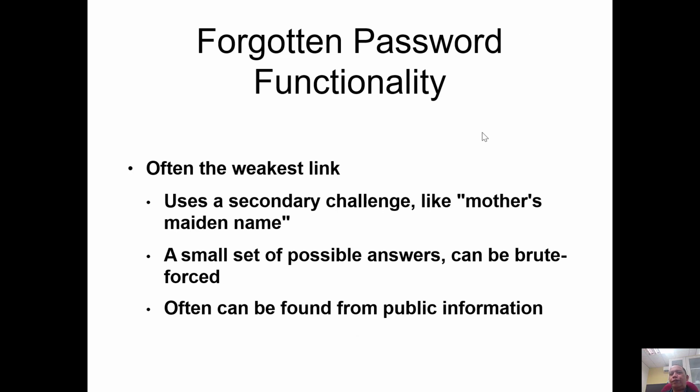Okay, forgotten password functionality. Why do we need to discuss this? This is one of the steps. You can refer to chapter 1, the first one, where the hackers try to do the attacking. This is one of them.